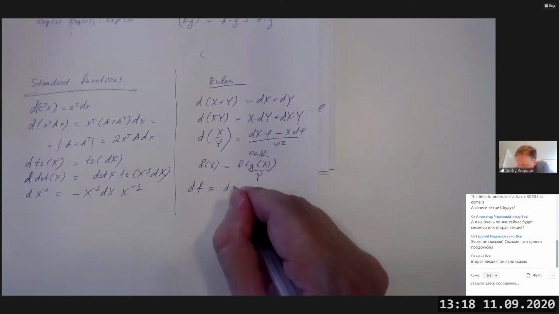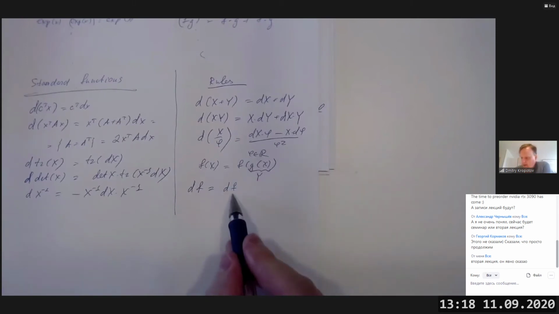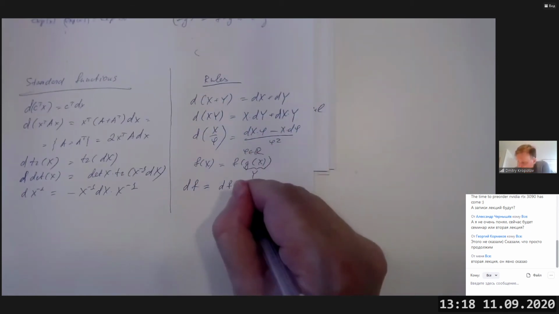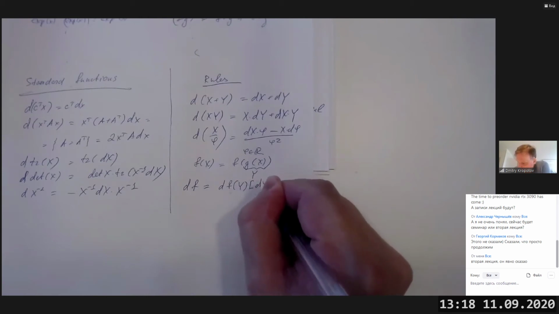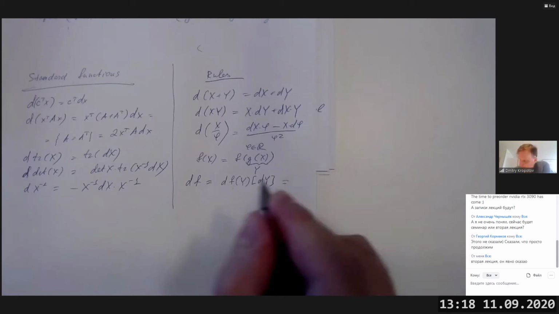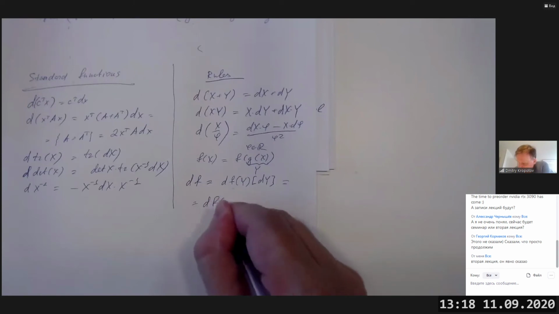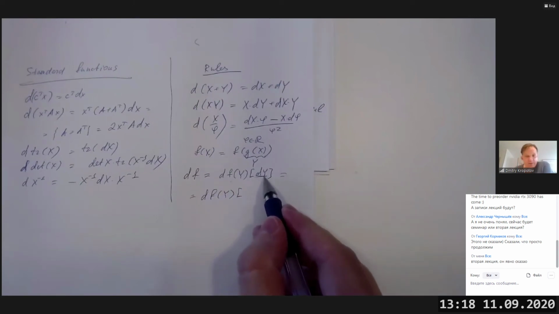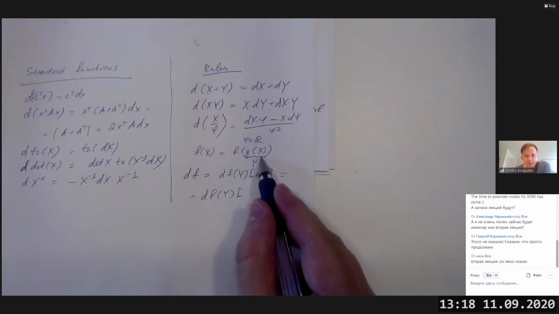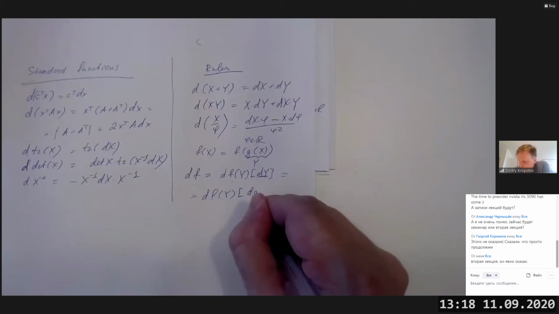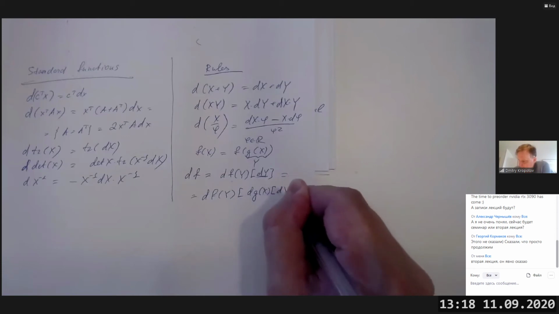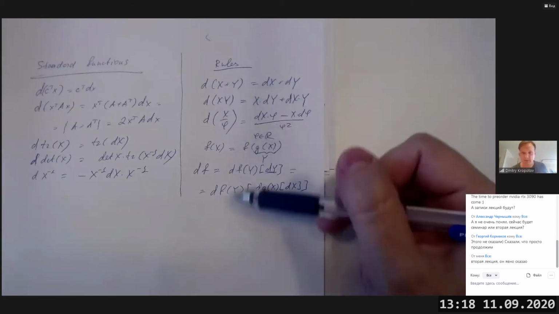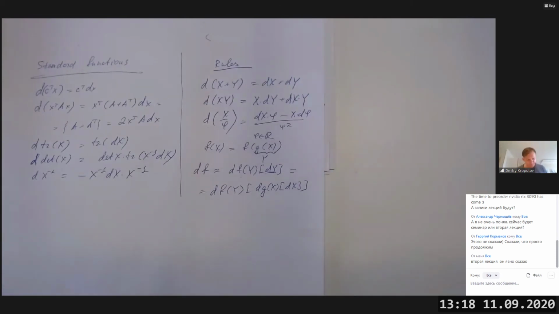So this is the differential of f as a function of variable y, depending on y with increment dy, and at the same time, instead of the differential dy, we may put the differential of g as a function of x. So like this. That's all the standard rules.